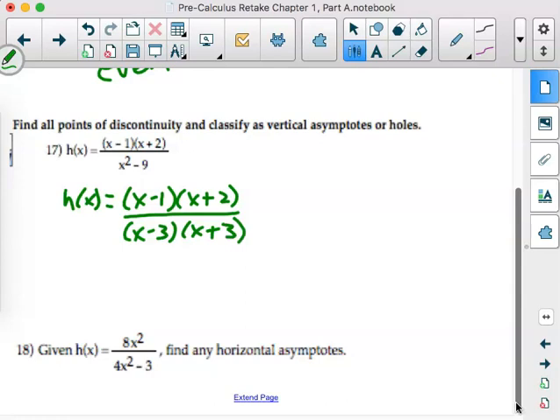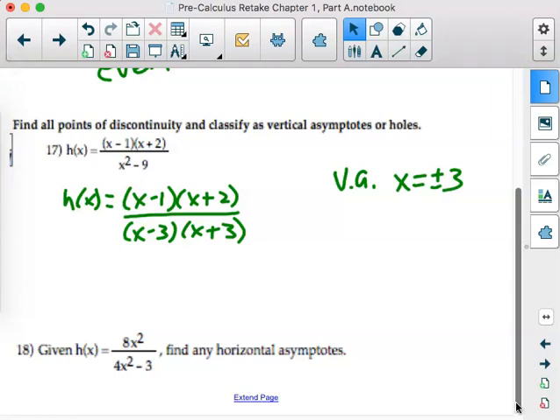Holes come from canceling. So what I'm going to have are vertical asymptotes, and they're going to be at x equals plus or minus 3. And it is an equals. We're not talking domain here. There were some people that put the slash through that, and you can't do that. The vertical asymptotes are at x equals positive 3 and negative 3 because those are the zeros of our denominator.